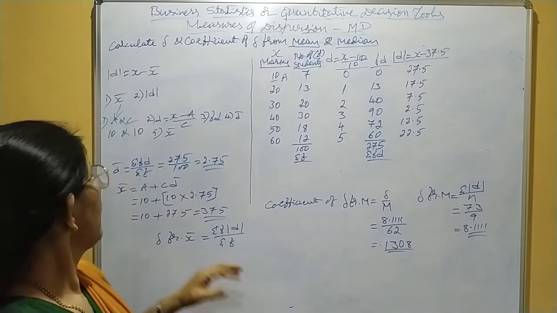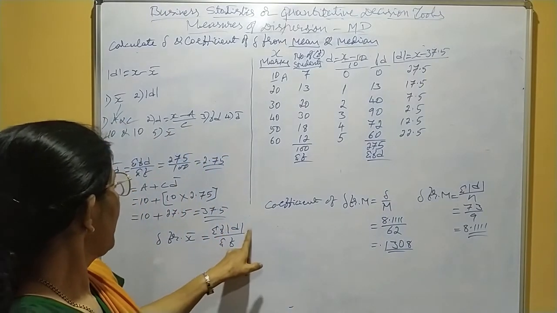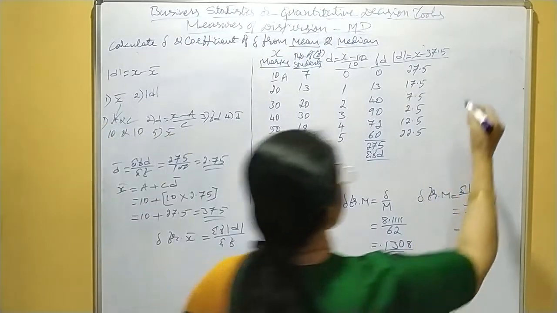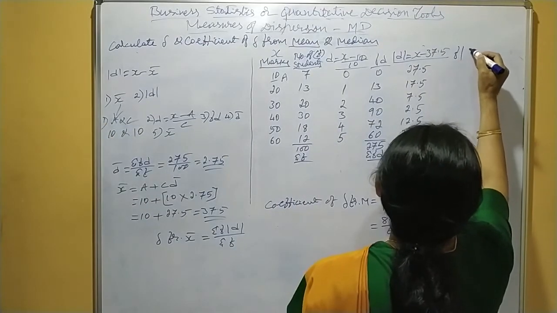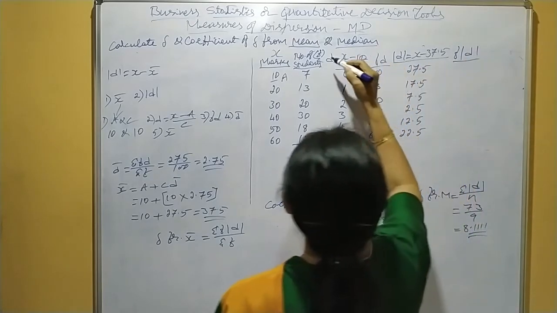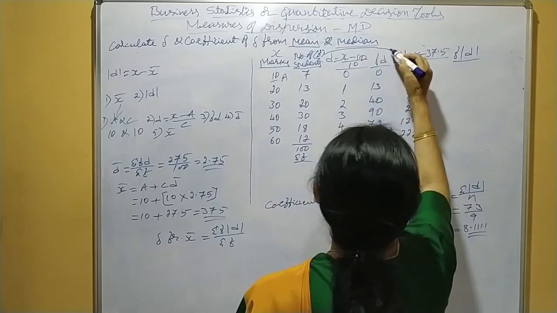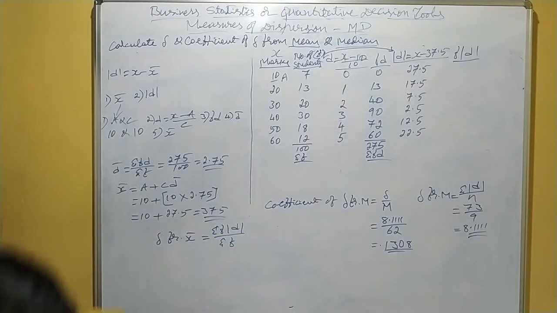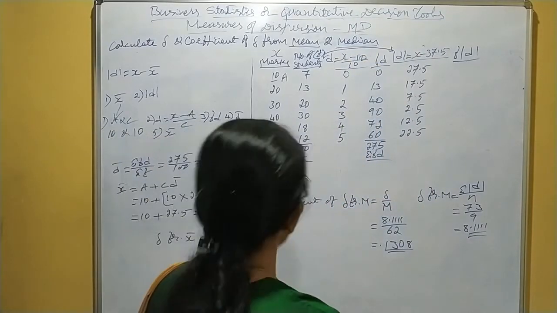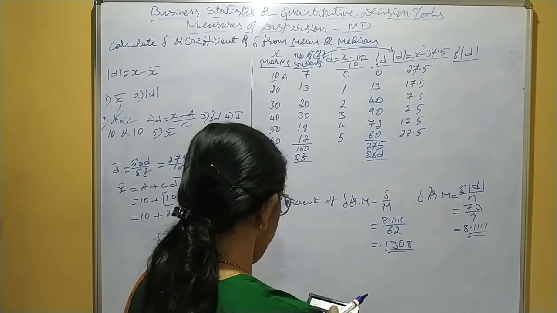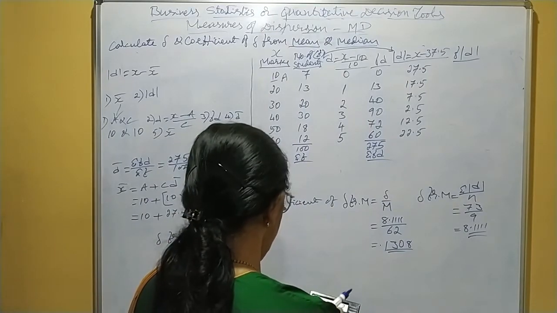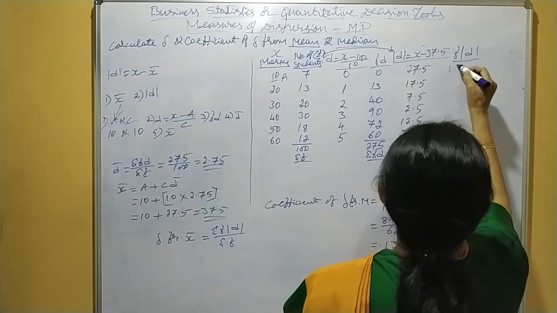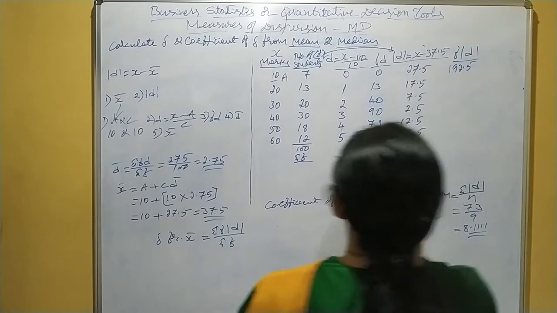Okay. Now we need sigma f modulus d. That means f modulus d means what? F into modulus d. That means you have to multiply f and modulus d. That is 7 into 27.5, 192.5.